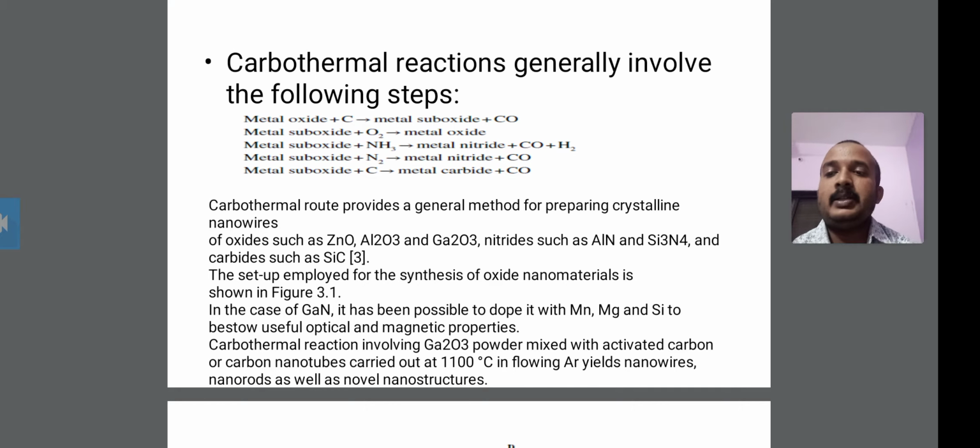Next, the setup employed for the synthesis of oxide nanomaterial is shown in figure 3.1.